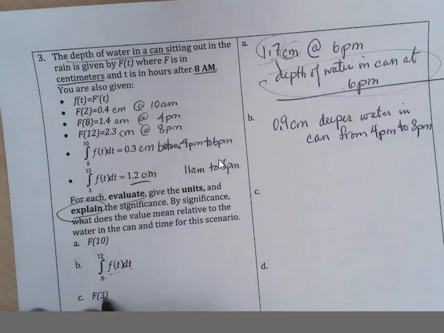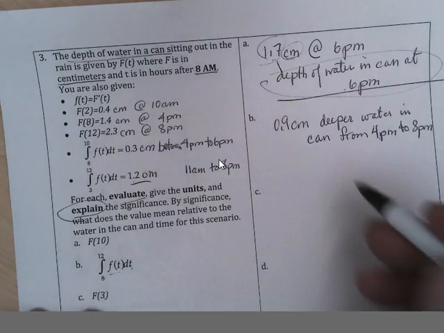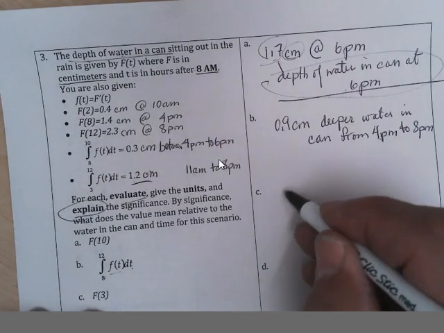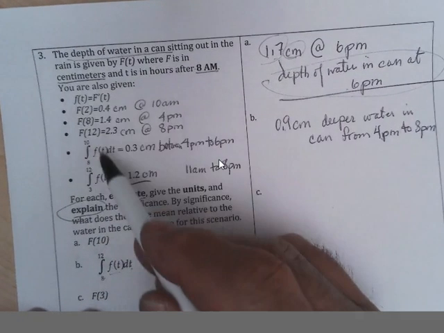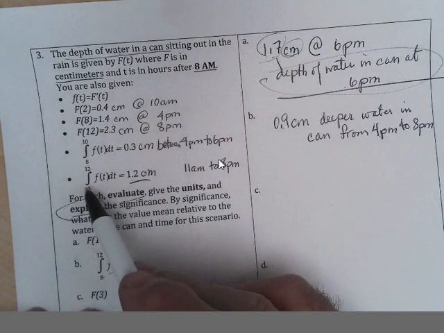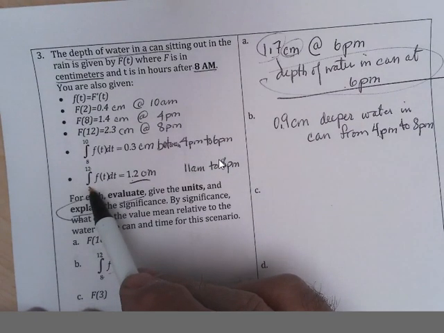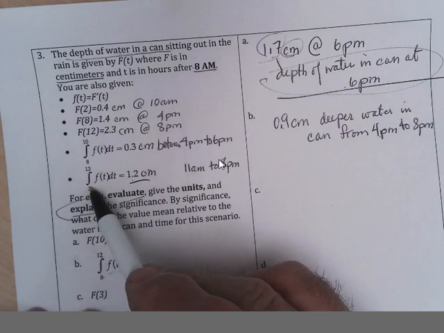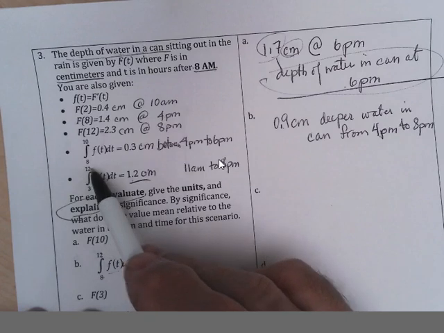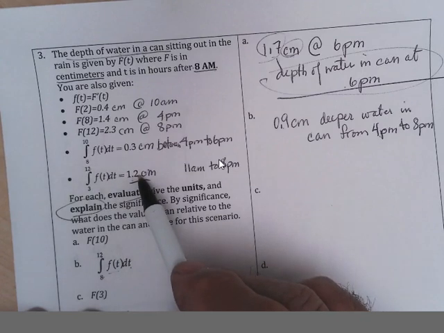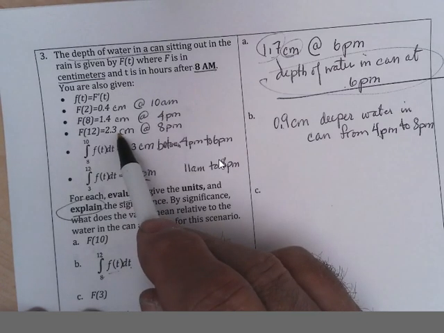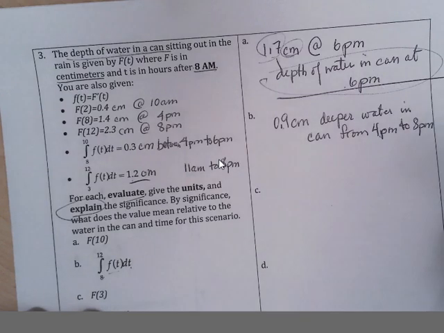This is how much water after 3 hours after 8 a.m., so at 11 a.m. And so we have to find it after 3. Well, the only one that talks about 3 is here. And it says between 3 hours after and 12 hours after gained 1.2. At 12 it was 2.3.